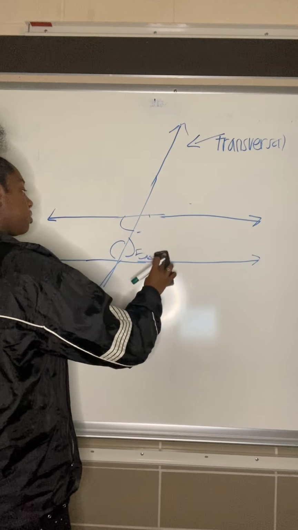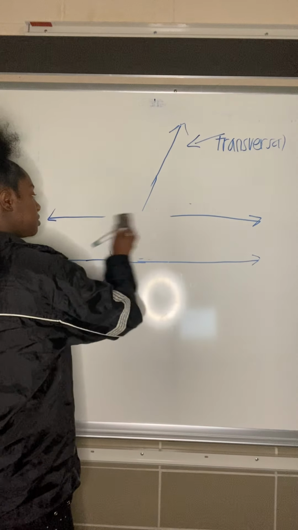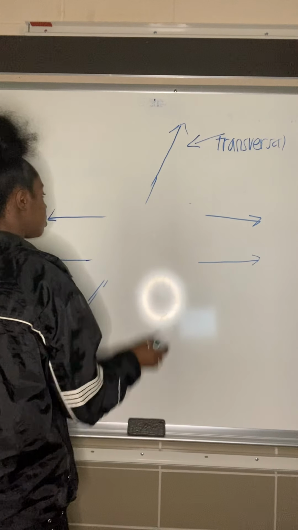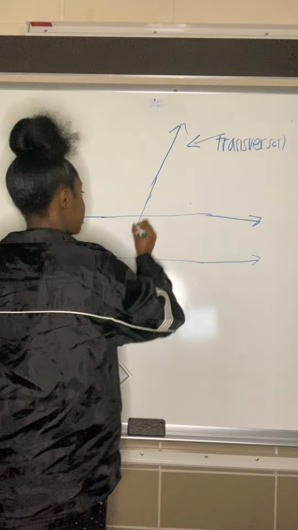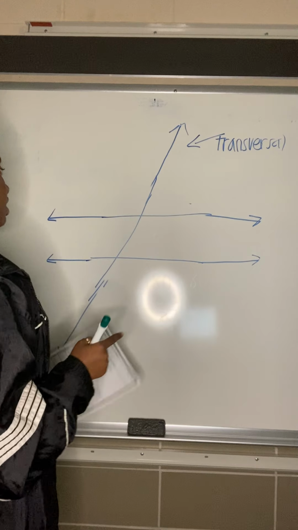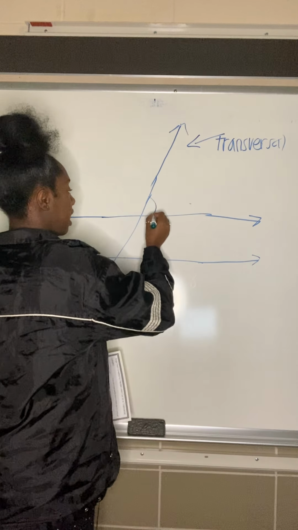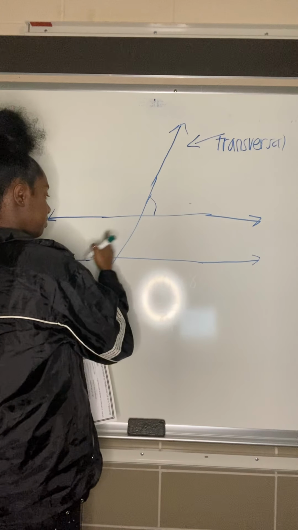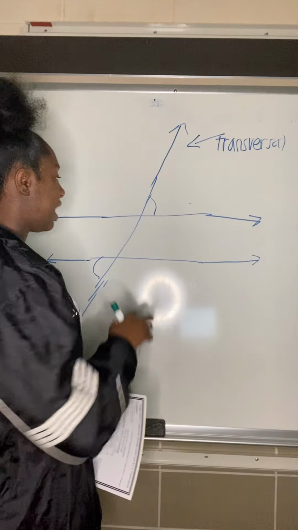So we went through corresponding angles and same side interior, and let's do alternate exterior, okay? Alternate means opposite, and exterior means outside, not inside.